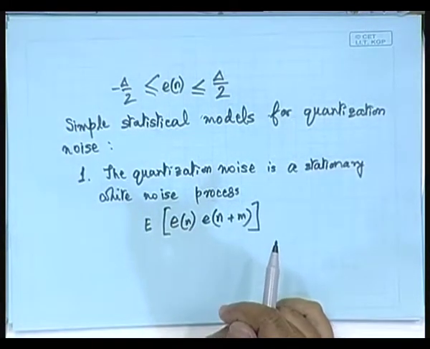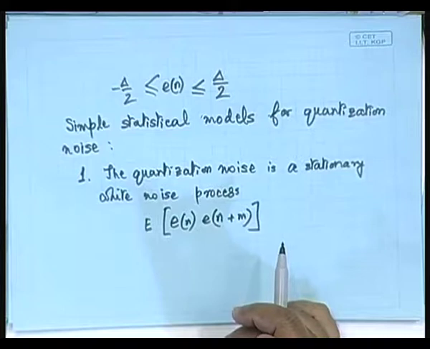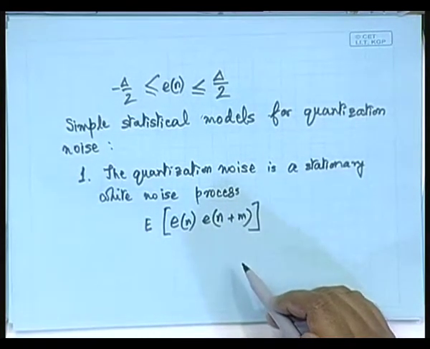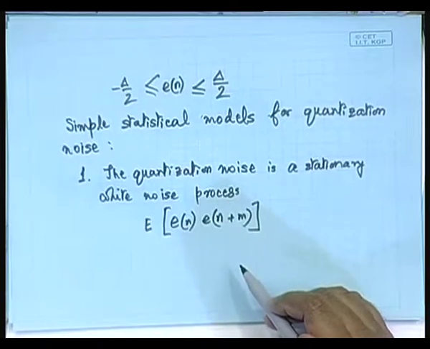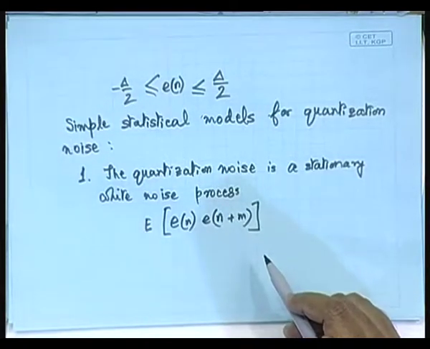Now, E n and E n plus m should ideally be uncorrelated. That means if it is a stationary white noise process, no noise component is going to have correlation with the other noise components, which means E n can have correlation with only E n, and not with E n plus 1 or E n plus 2, or E n plus m.